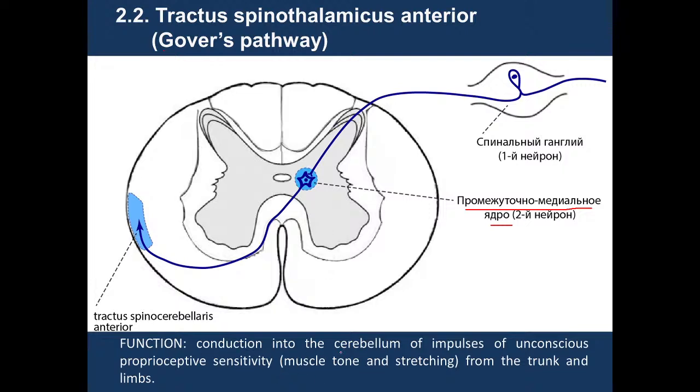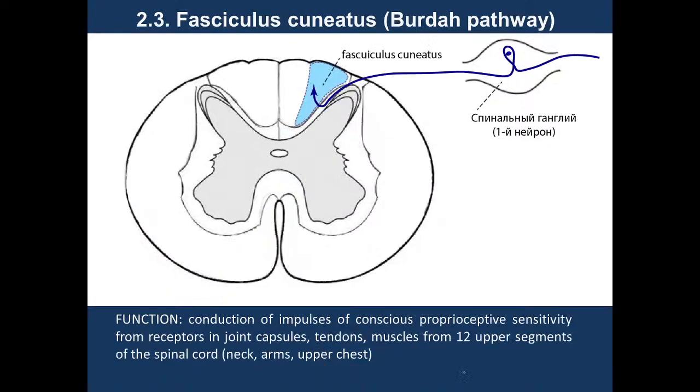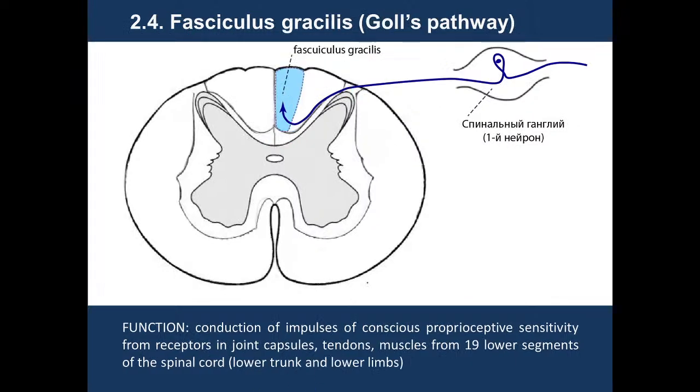This also conducts impulses to the cerebellum, and it is unconscious information about muscle tone and stretching. Two pathways are located in the posterior column of the gray matter. Here we call them fasciculus cuneatus and fasciculus gracilis.